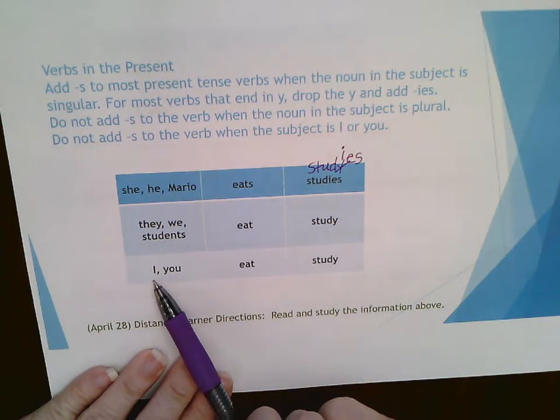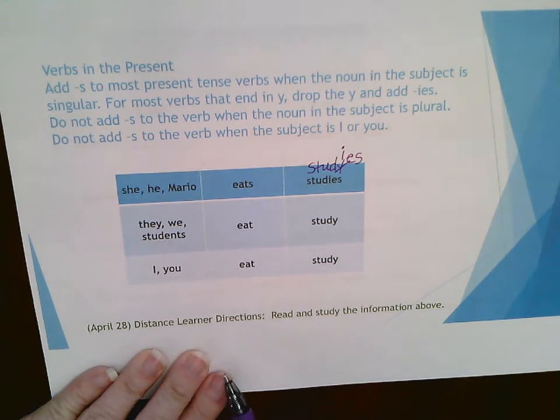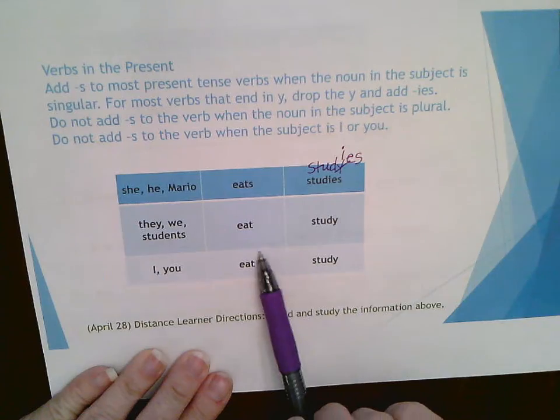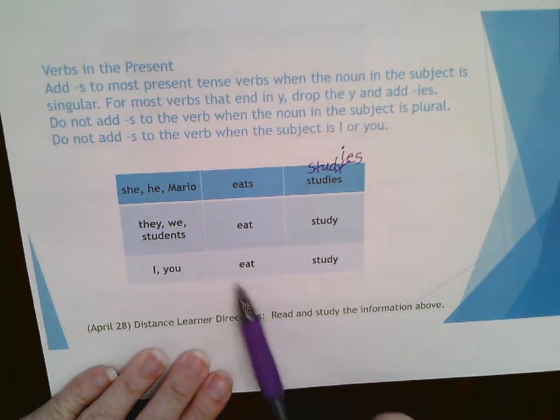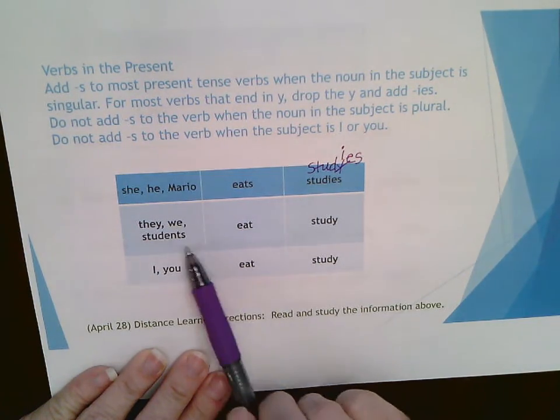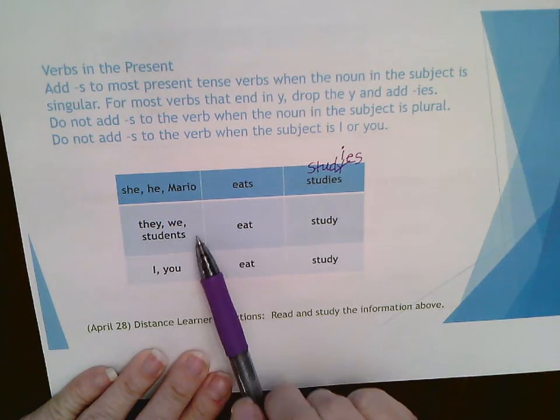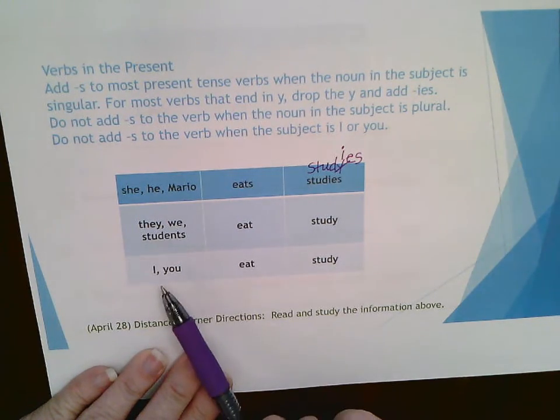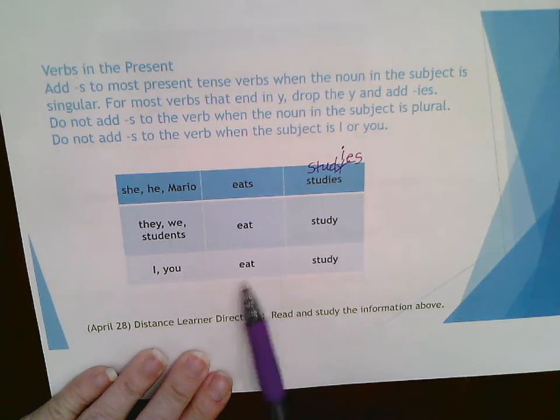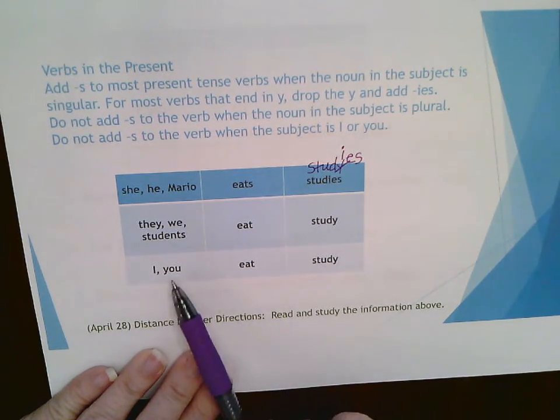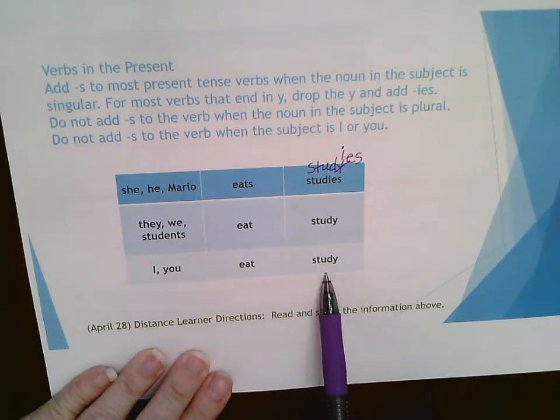When I say I or you, it's also similar to keep the verbs in the present tense, similar to the plural subjects. I eat, I study. You eat, you study.